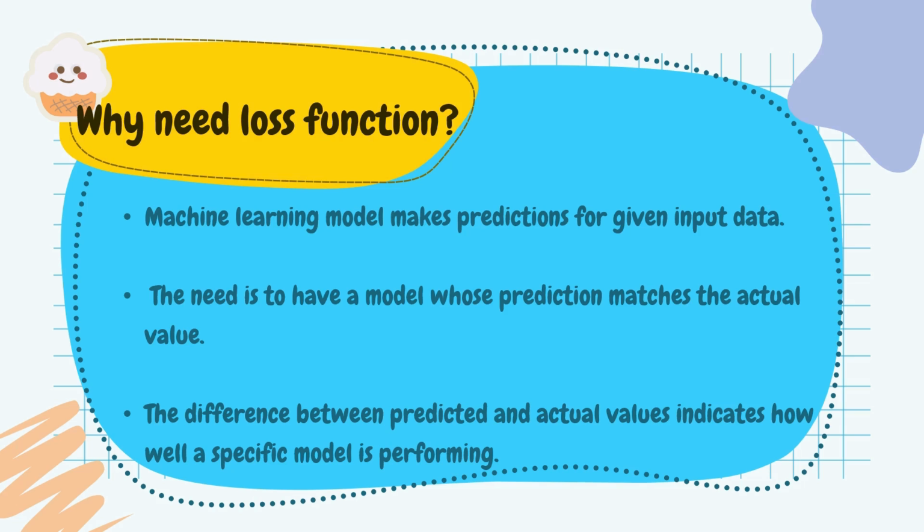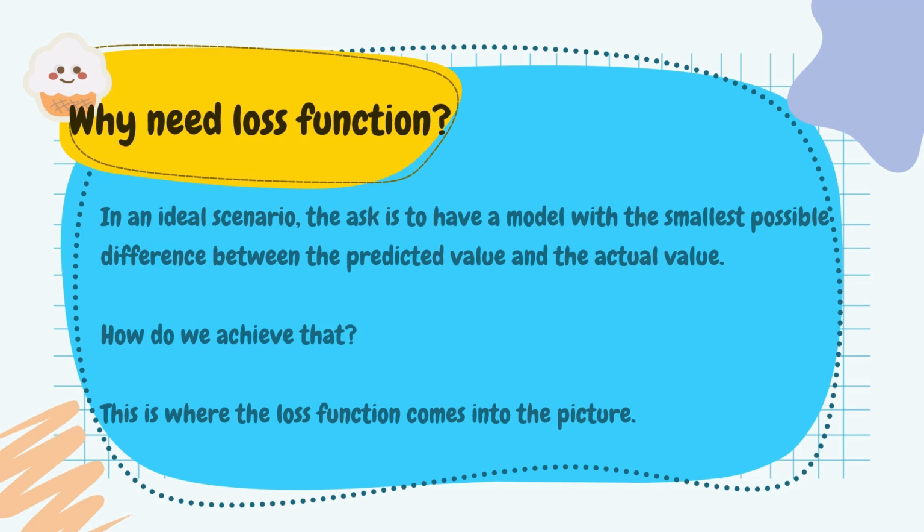The smaller the difference between the predicted and the actual values, the higher performing the model is. So when we are training a model, the ask is that the model has the smallest possible difference between the actual value and the predicted value.